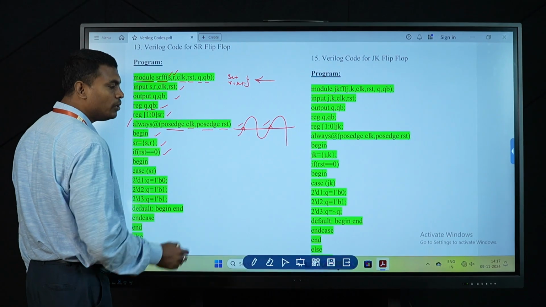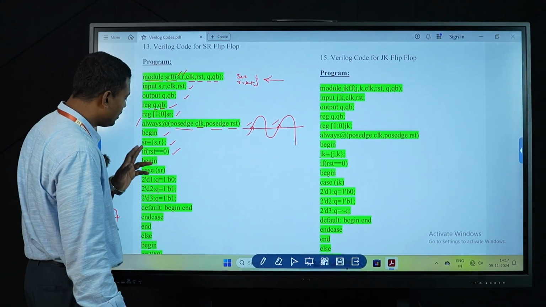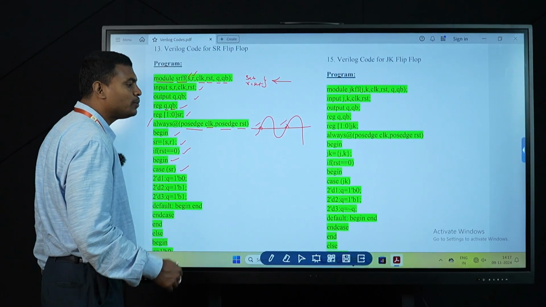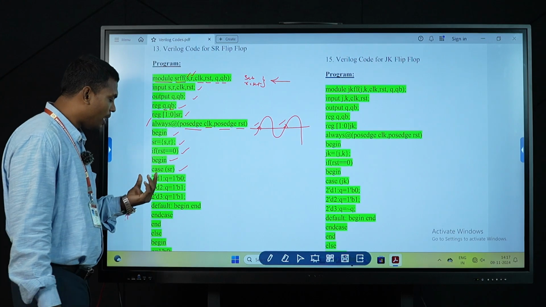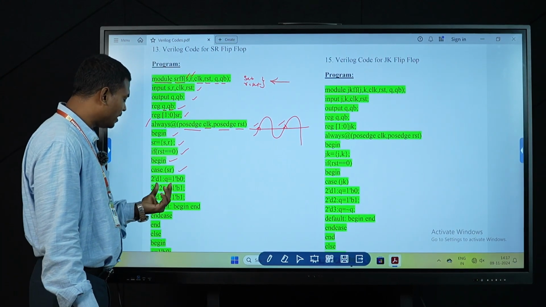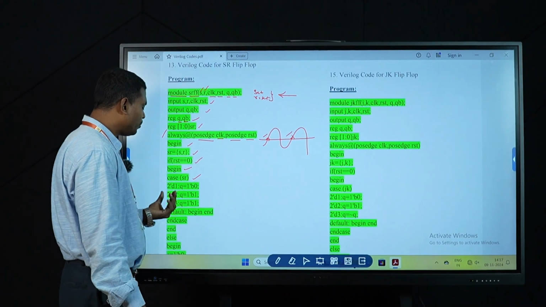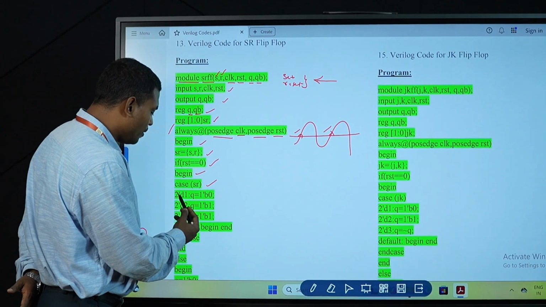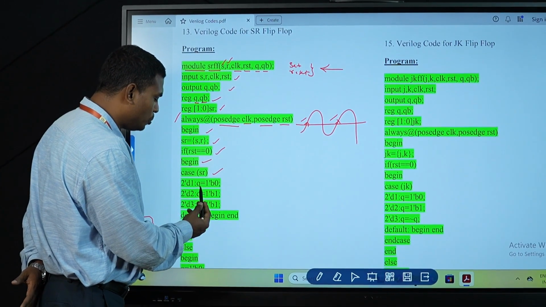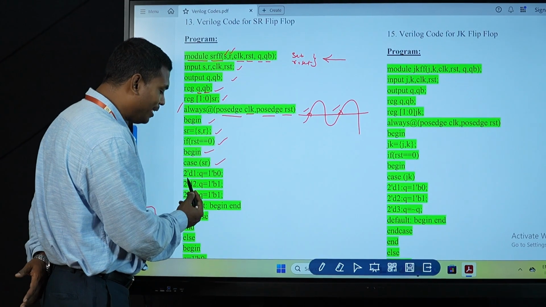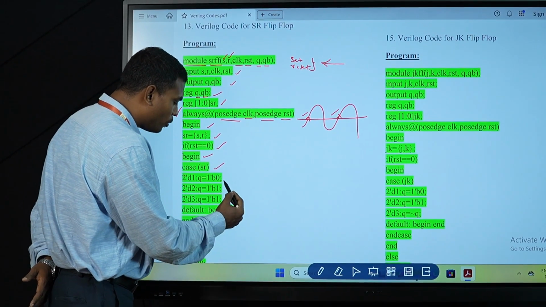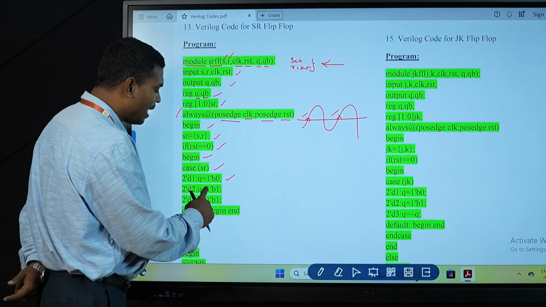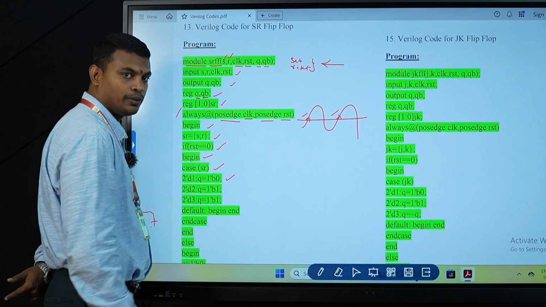Now if reset is equal to 0, then begin case SR, meaning I am using a switch case here, which decides for what input I am going to get what value. Now if you see the S and R value, when 2'd1 the output Q is 1'b0, meaning a 1-bit value of 0.